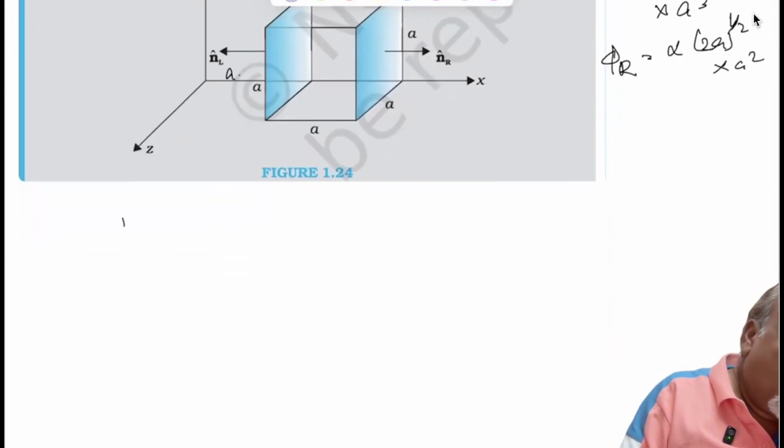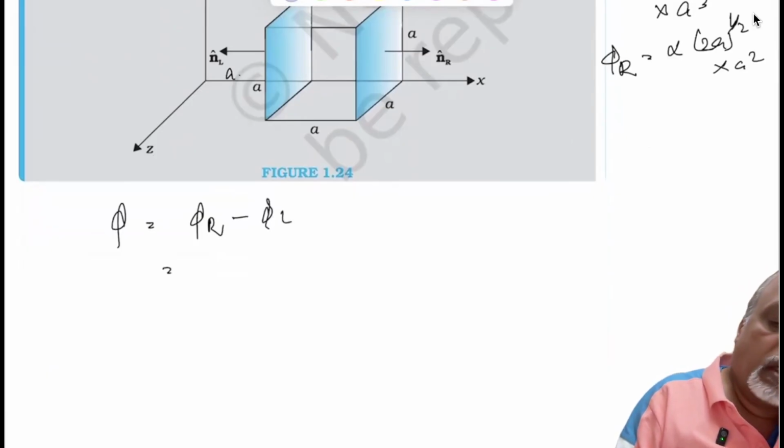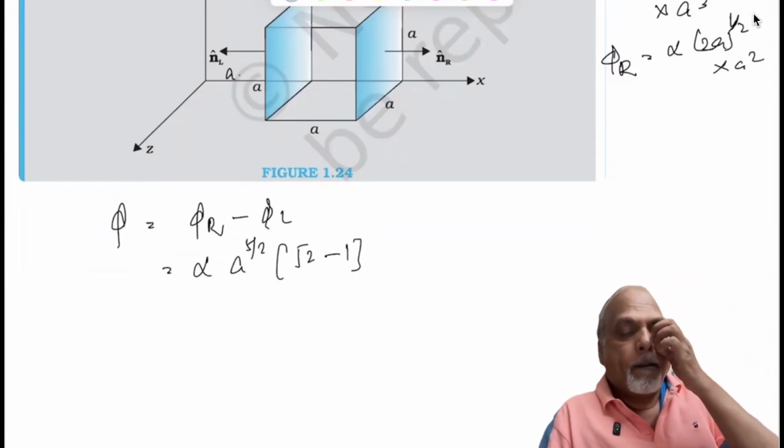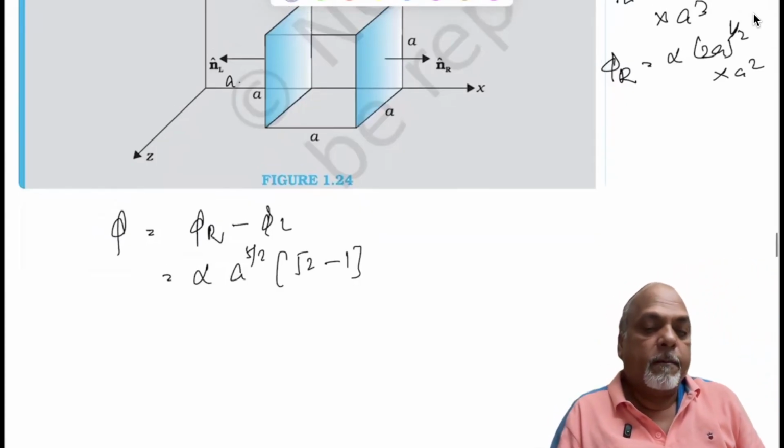So net flux inside the cube is nothing but alpha a^(5/2) into (root 2 minus 1). Correct?